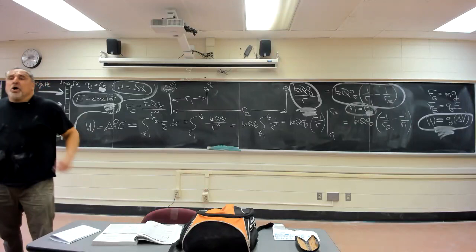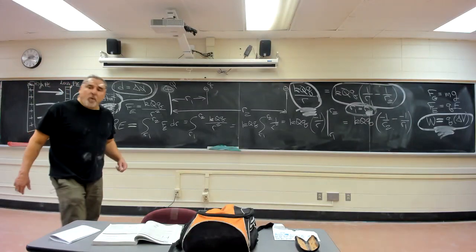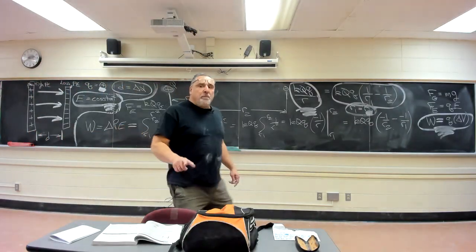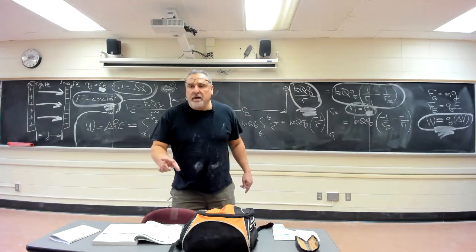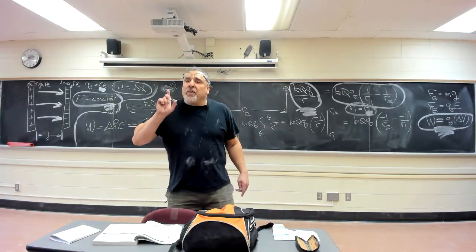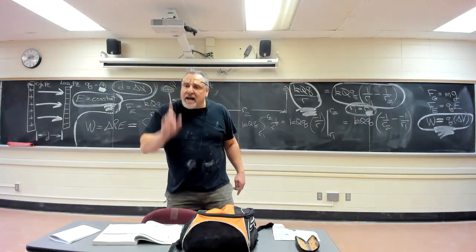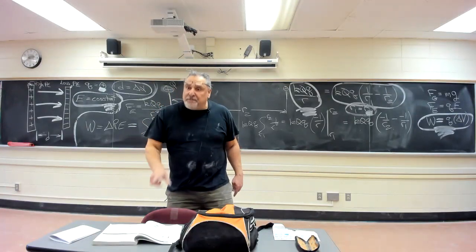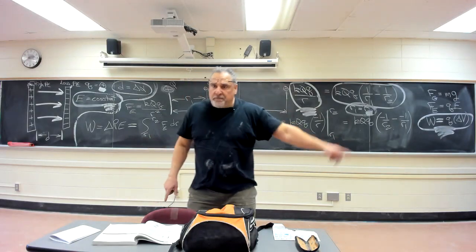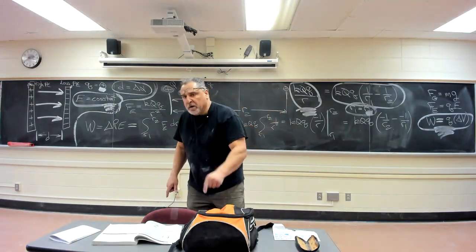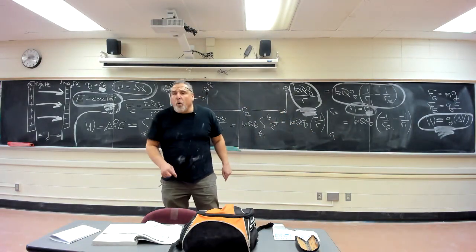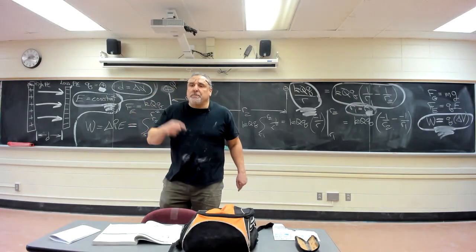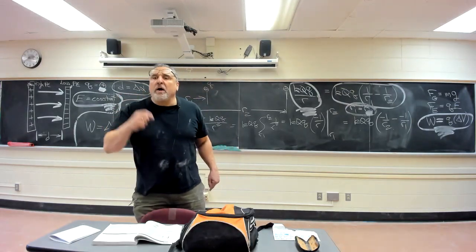You're going an infinite distance away. The answer would be going toward infinity if the force remained non-zero, positive, and constant. If the force was constant, for you to go to infinity would be an infinite amount of work that you'd have to do. But the force is inversely proportional to the square of the distance.